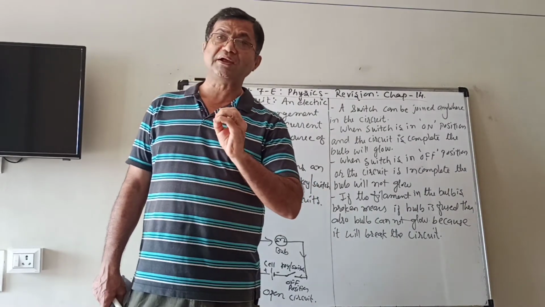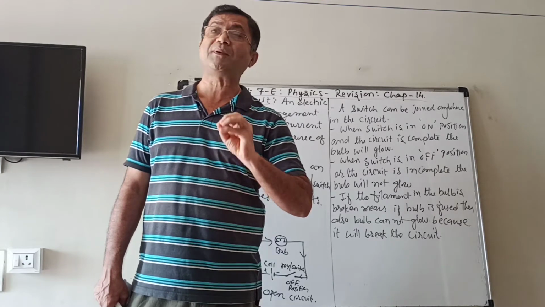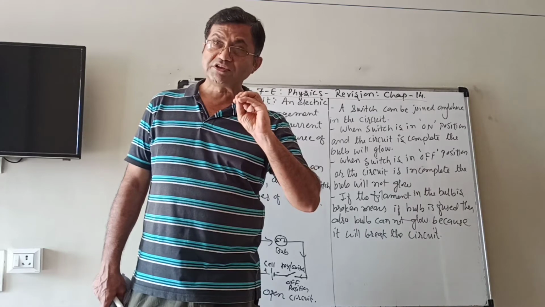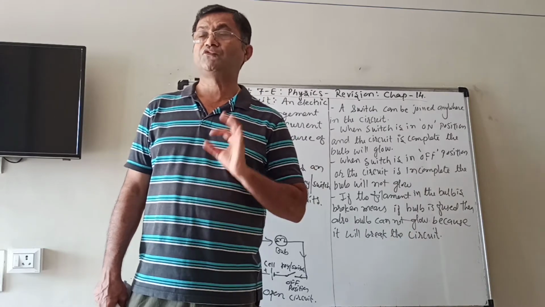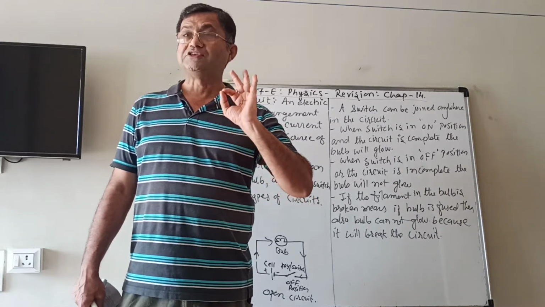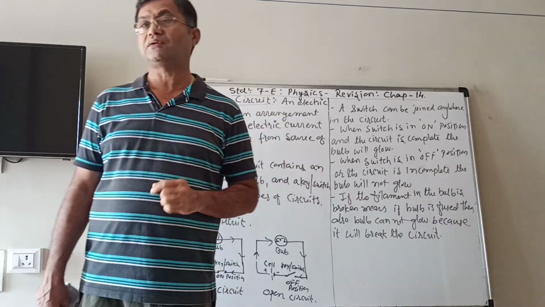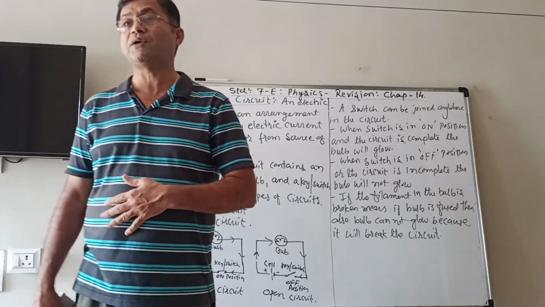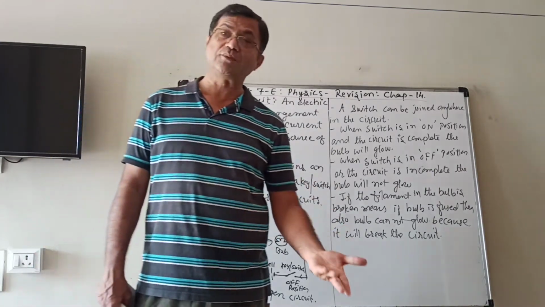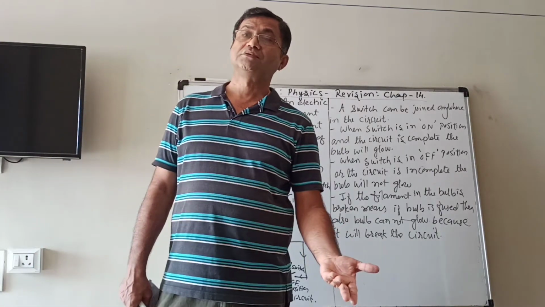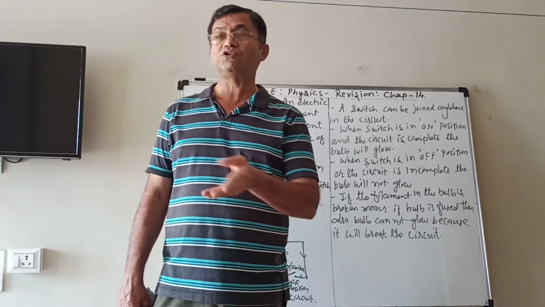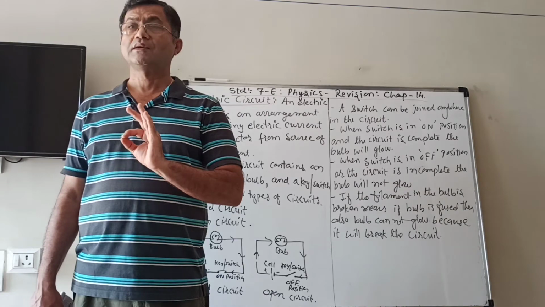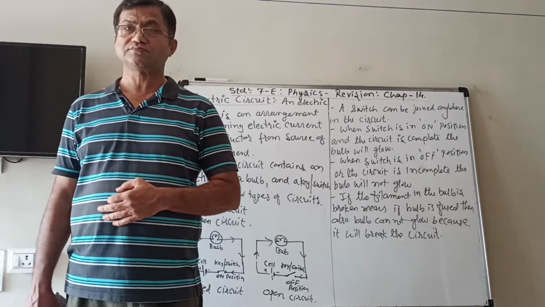So you have to remember that there is no particular definite space for the switch. You can join the switch anywhere, to the left side of the bulb, to the right side of the bulb, to the left side of the battery or the cell, or to the right side, wherever you can join the switch.